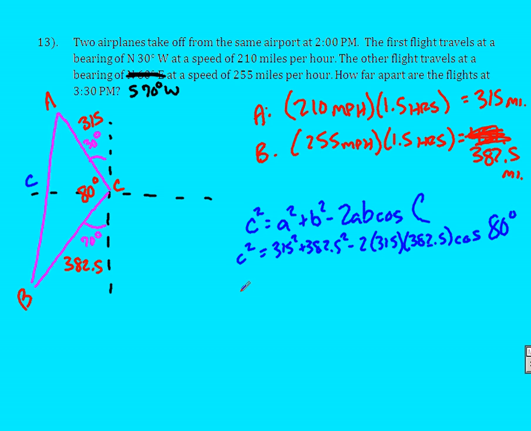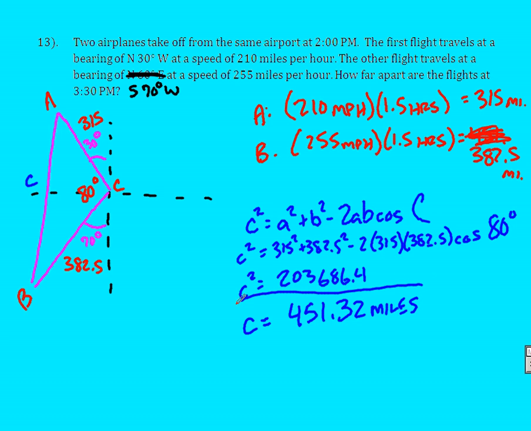Plug all that into your calculator, you should get c squared equals 203,686.4. Take the square root, and I'll get that the distance is 451.32, and that is in miles for your unit.